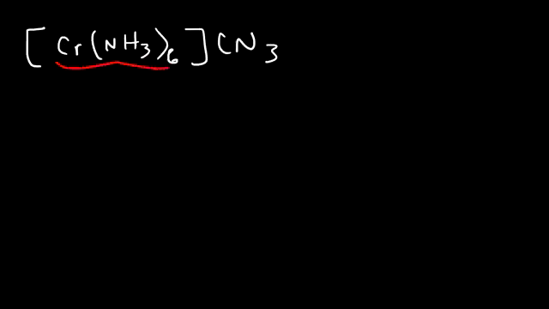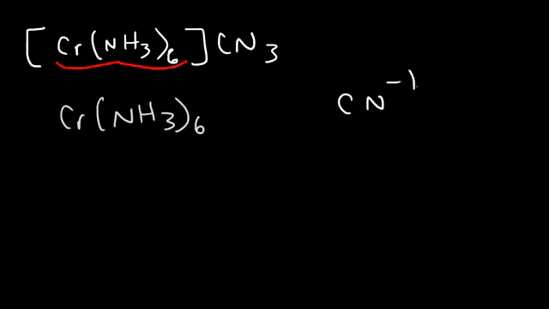It's in brackets in this particular example, and so it's Cr(NH3)6. Now, what do you think the charge or the oxidation state of chromium is in this example? Now, we know that cyanide has to be the counter ion. It's there to balance the charge on chromium, and there's 3 of them, which indicates that chromium has to have a +3 charge. So this particular complex ion has a +3 charge.